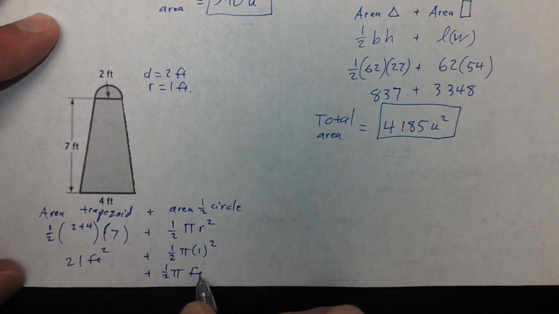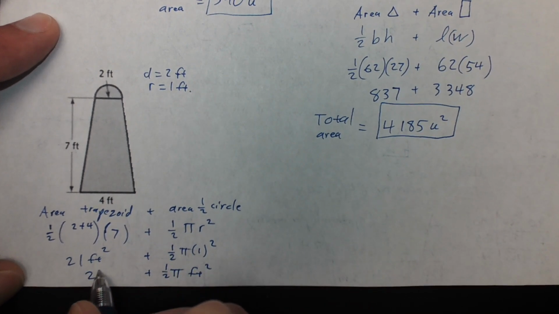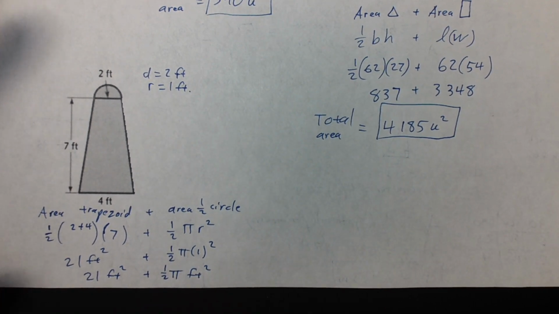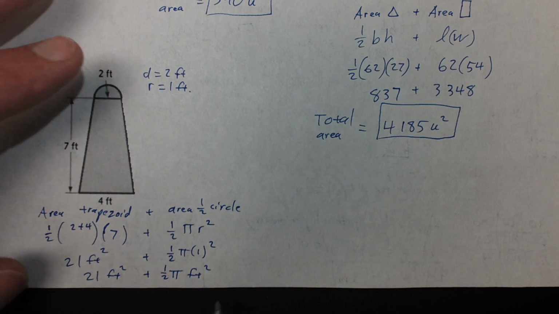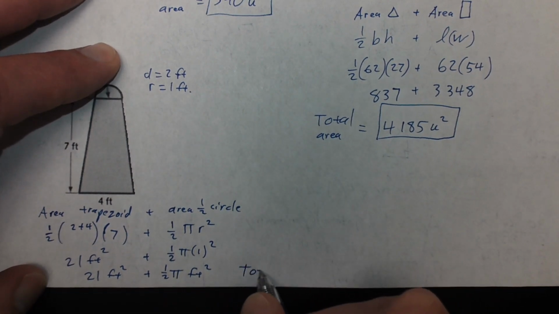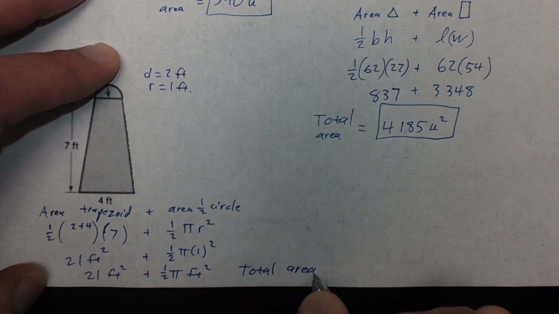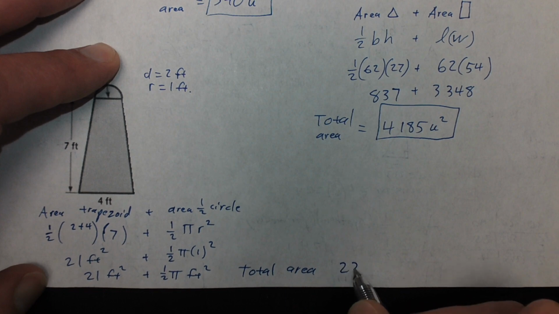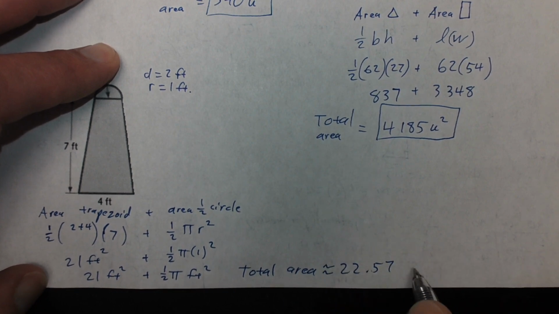And that is also in square feet. So 21 square feet plus 1/2 pi square feet. And if you do add them up, this is about 1.57. So the total area is 1.57 plus 21, which is about 22.57 square feet.